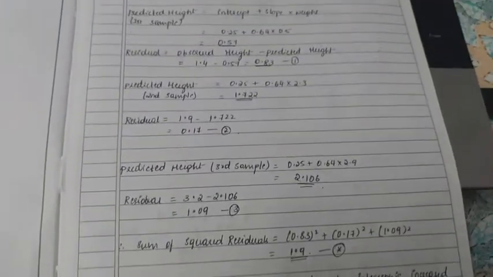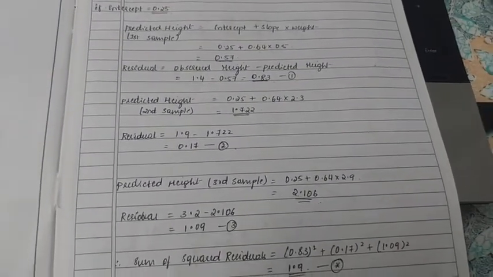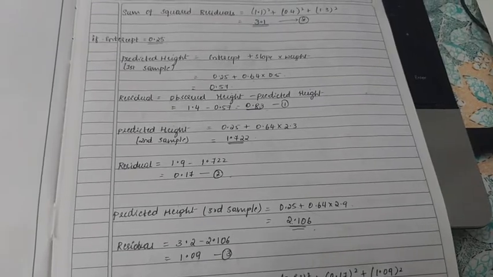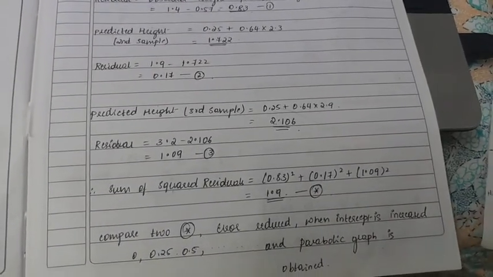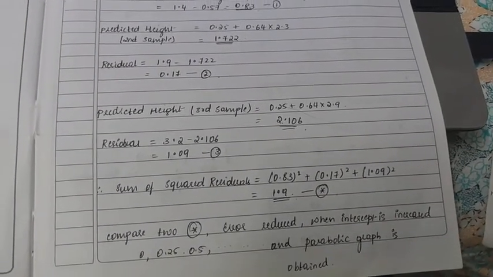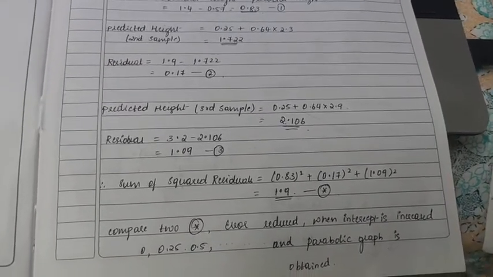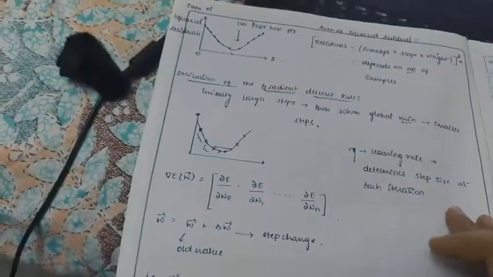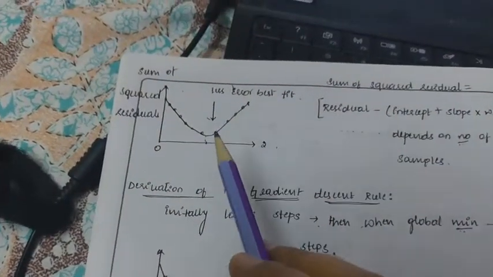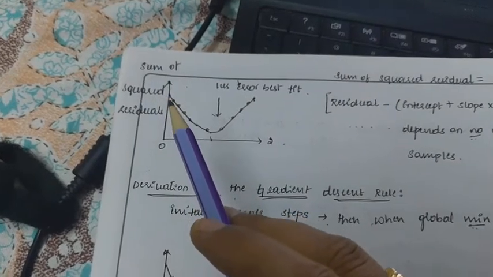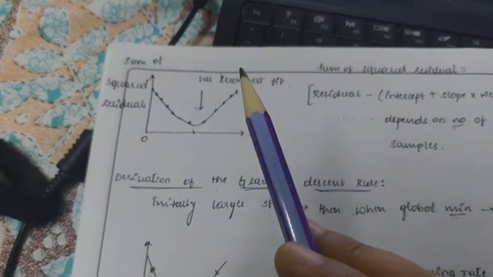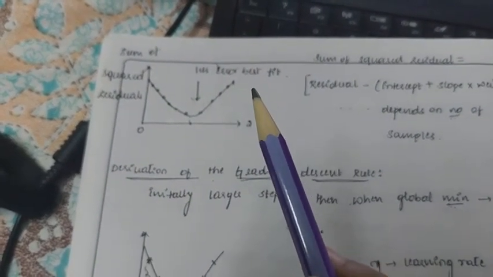So from these two star equations we can observe that as and when the intercept value is increased, we are going to reduce the error and we are going to get a parabolic graph. So this is a parabolic graph. As we increase the intercept, we get less error.